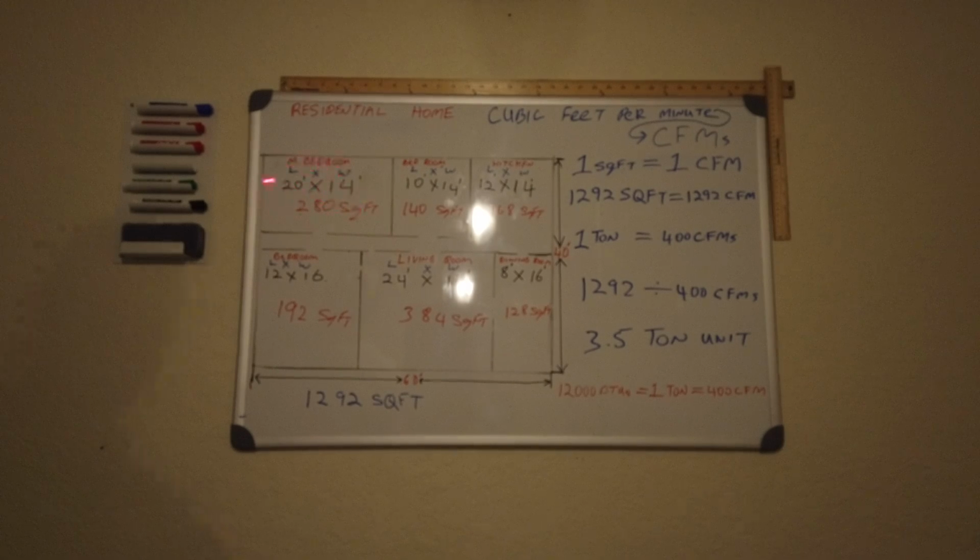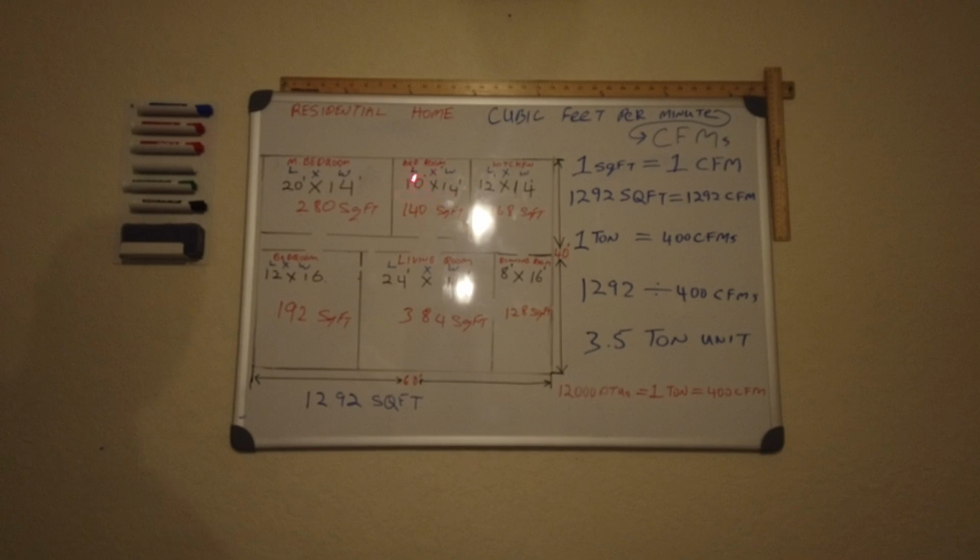In the master bedroom, you'll see I got L for the length and W for the width. So we got a 20 by 14 bedroom, 20 foot length, 14 foot width. When you multiply that, you get 280 square feet. So we change the feet into square feet, and so on and so forth.